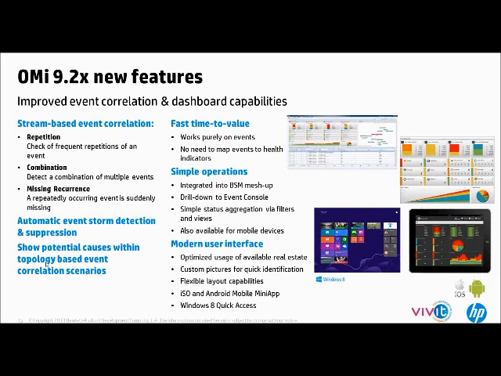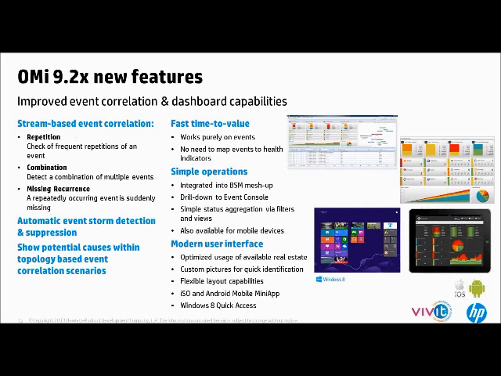First, we already provided the ability to have potential possible root causes based on our topology-based event correlation in the previous version of OMi. We had also introduced automatic event detection and suppression to reduce the number of events that are seen in the event console. Now we also introduced stream-based event correlation, which provides value in the following three ways.